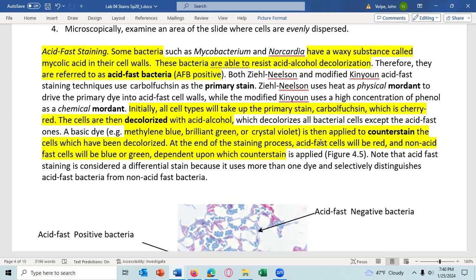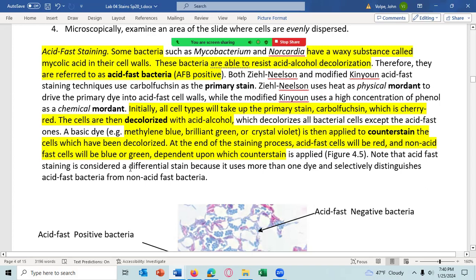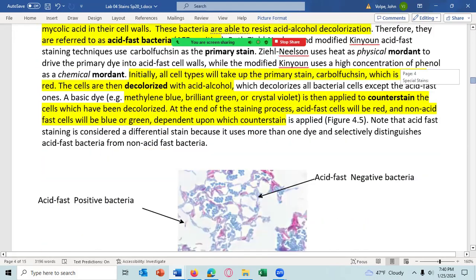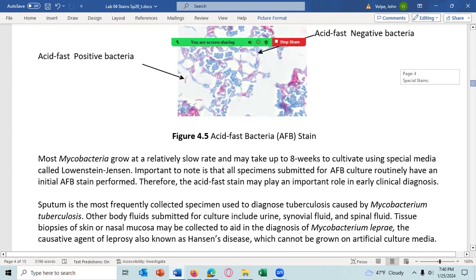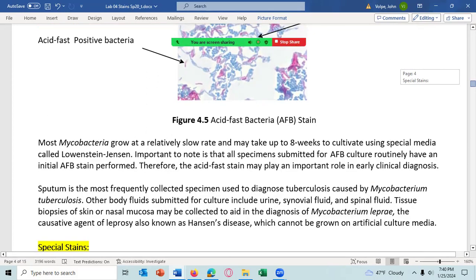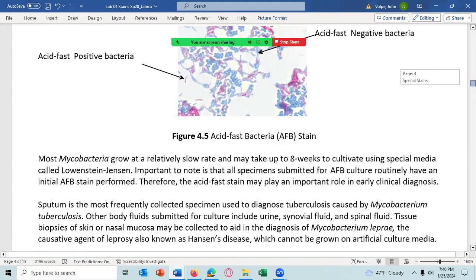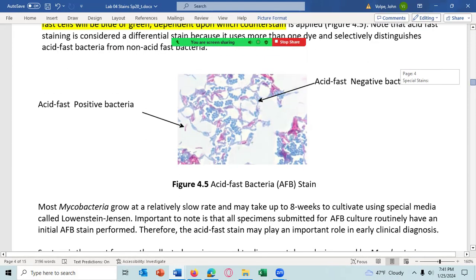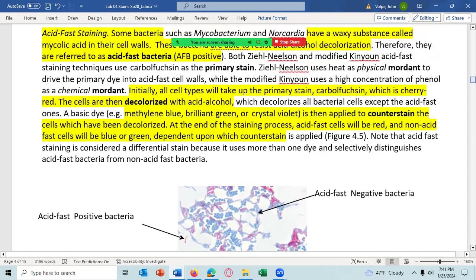Methylene blue will make the cells turn blue, and is it malachite green? That's not right. Brilliant green.